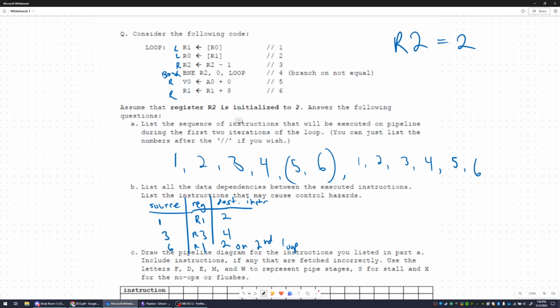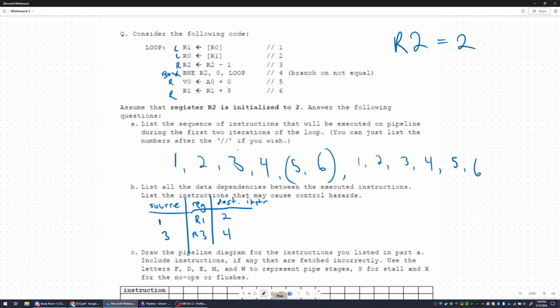Oh yeah, because these 2 lines only run. You're saying 1, 2, 3, 4, and then we loop back here. Maybe that's not right then.